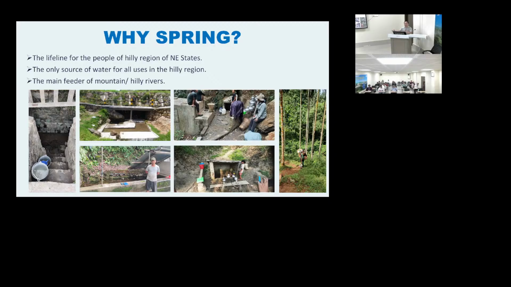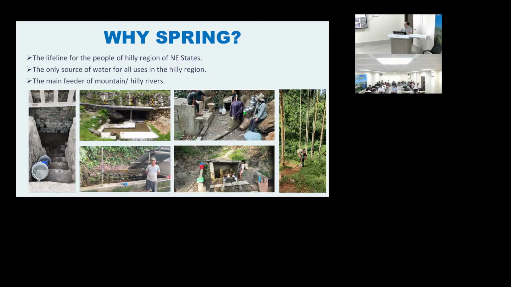Why spring? In northeastern states, why are we giving more importance to these springs? Especially for those from hilly regions, we know that this is the lifeline for the people living there, who are completely dependent on these springs for drinking and domestic use.